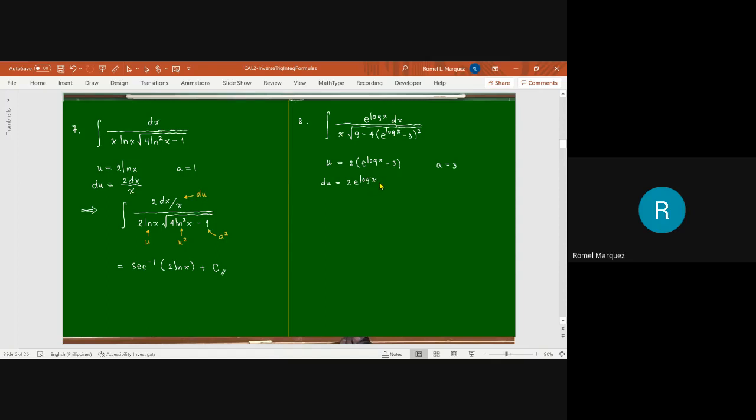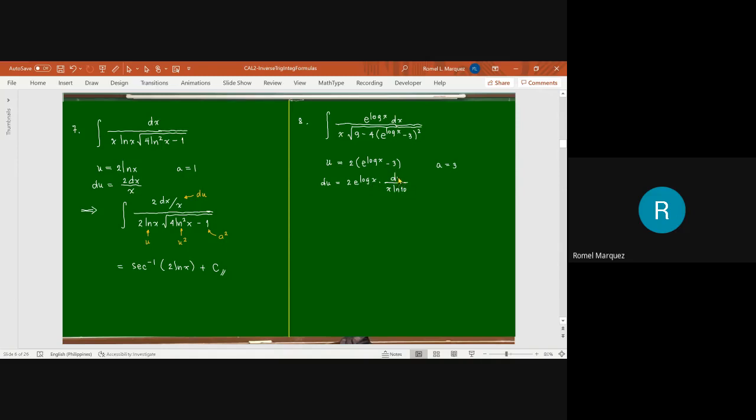Derivative ng log of x, 1 over x. Pero magmumultiply tayo ng what? ln 10. Okay? Sa ilalim. Di ba? Derivative ng log ay 1 over x ln of the base. Ang base niya understood na 10.